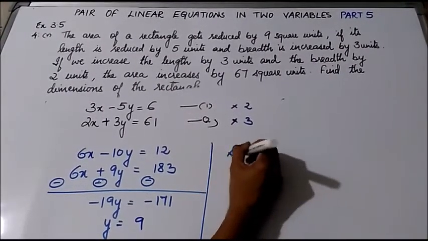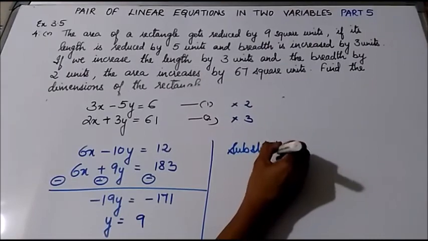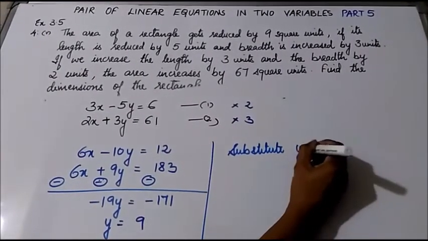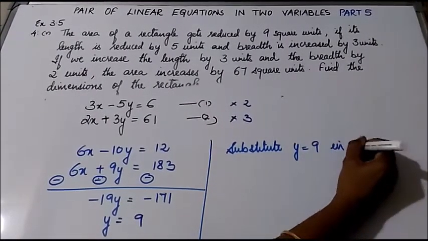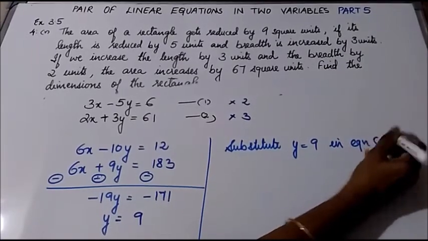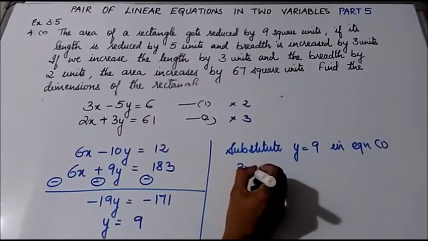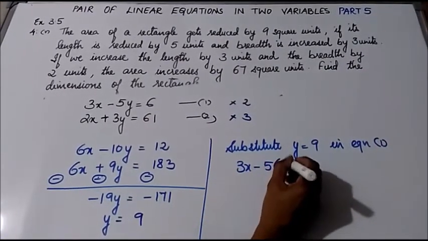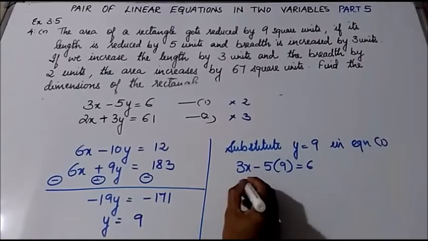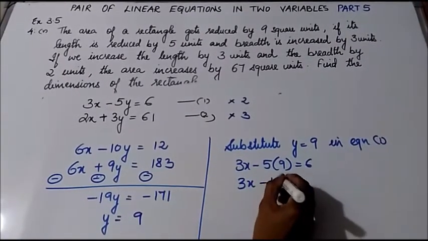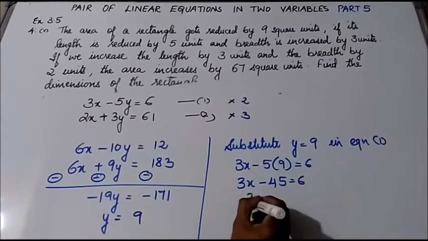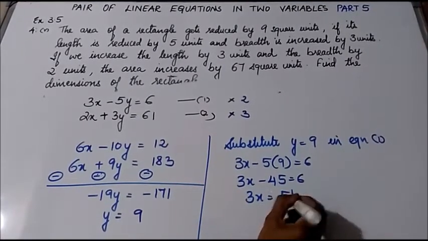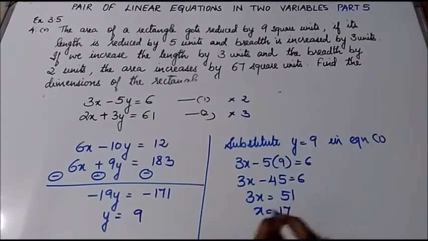Now substitute y is equal to 9 in equation 1. What you get here? 3x minus 5 into 9 is equal to 6. That is 3x minus 45 is equal to 6. 3x is equal to 51. x equal to 17.